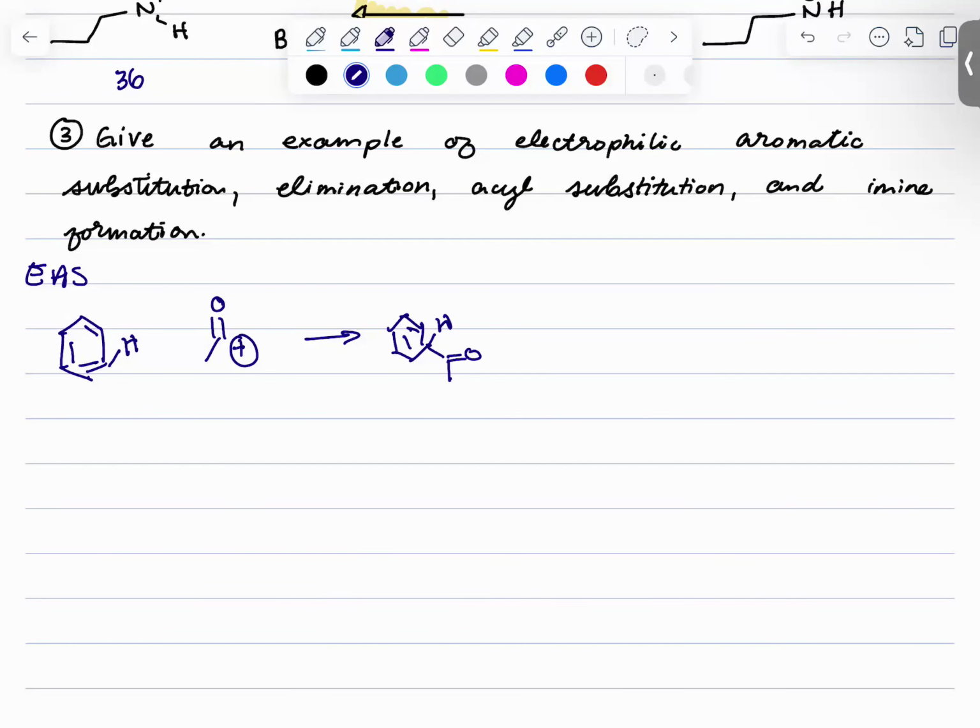Missing a bond, but other than that, you're right. And you have 1, 2, 3. Oh, you don't have to do the intermediate. You can just draw the product. Erase it for clarity. We can also just do this.